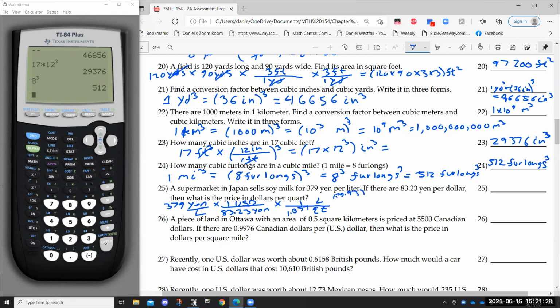So yen cancels, liters cancel, and I'm going to be left with 379 divided by, and both in the denominator, 83.23 and 1.057.